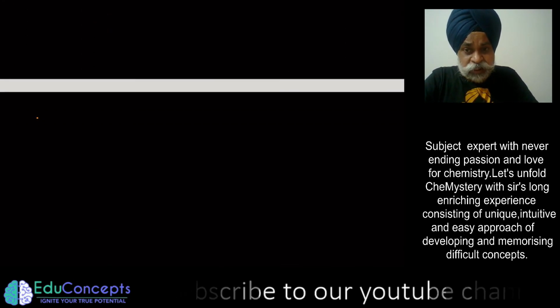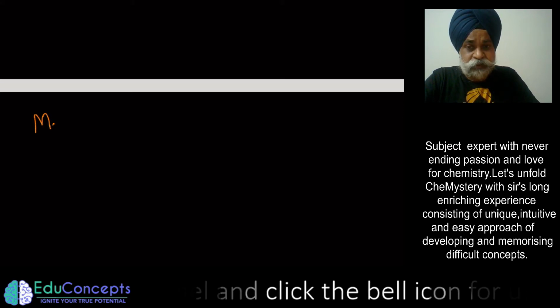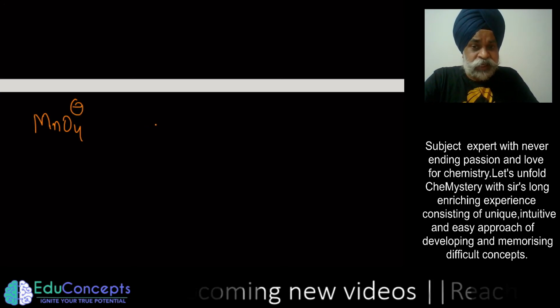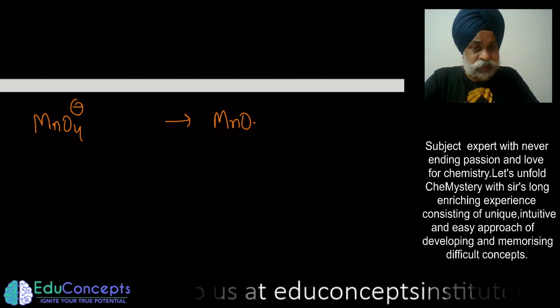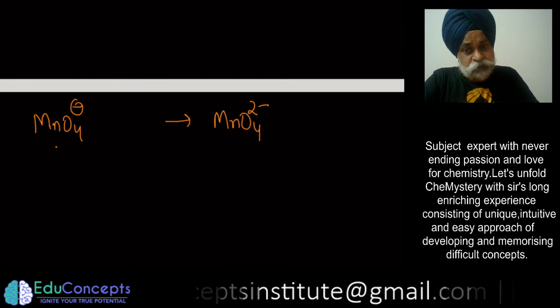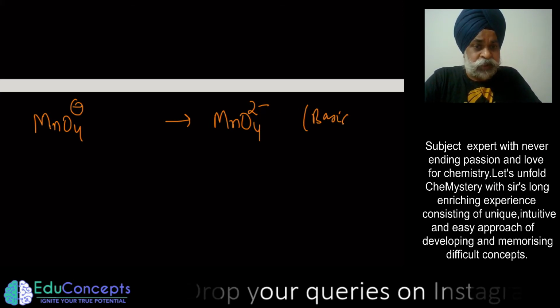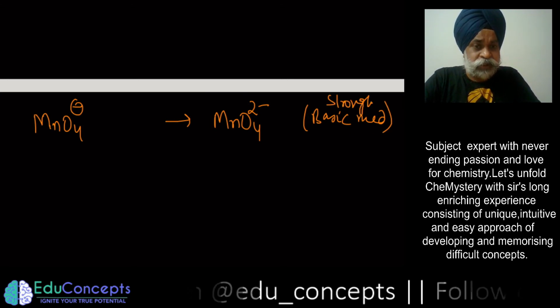Another thing with regard to KMnO4, which is again information you should remember, is that KMnO4 also acts as an oxidizing agent in basic medium, but in basic medium it goes from permanganate to manganate. In basic medium, I would also write it as strongly basic medium.